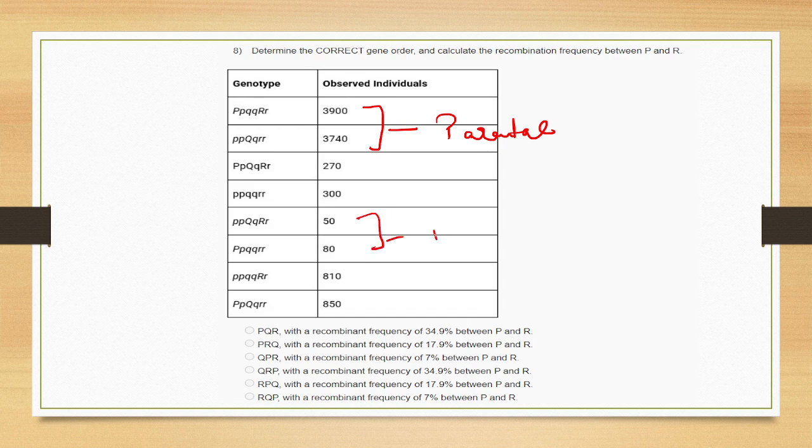So, these are the double crossover classes, and rest four are the single crossover classes. Is this clear? The one with the greatest number, they are the parental classes. Least number, double crossover, and the rest, they are single crossover.